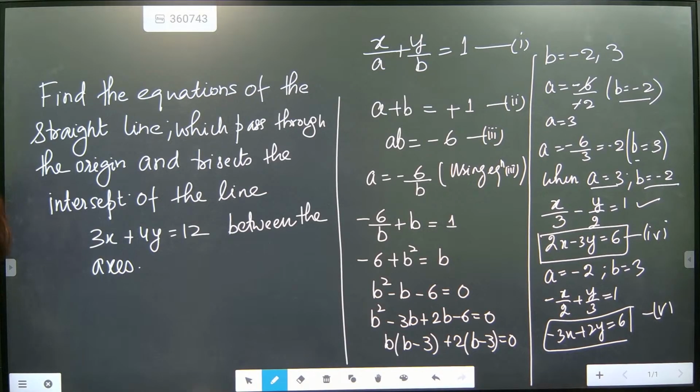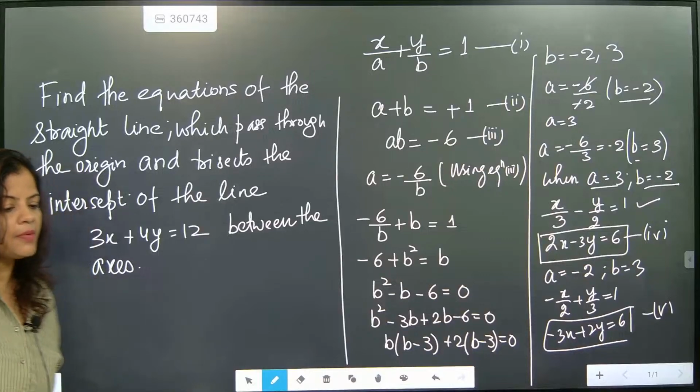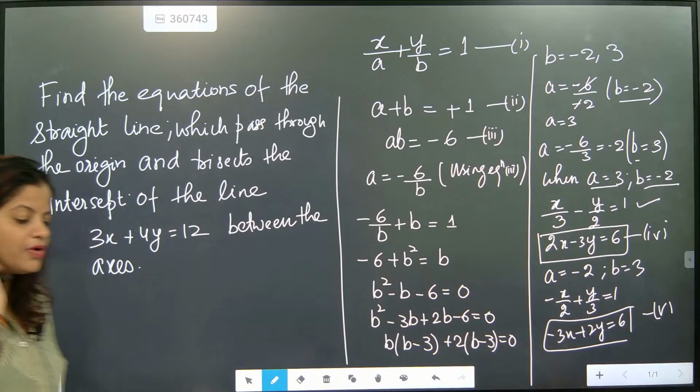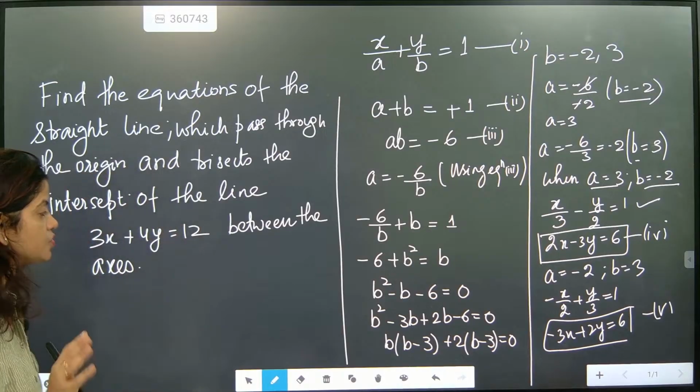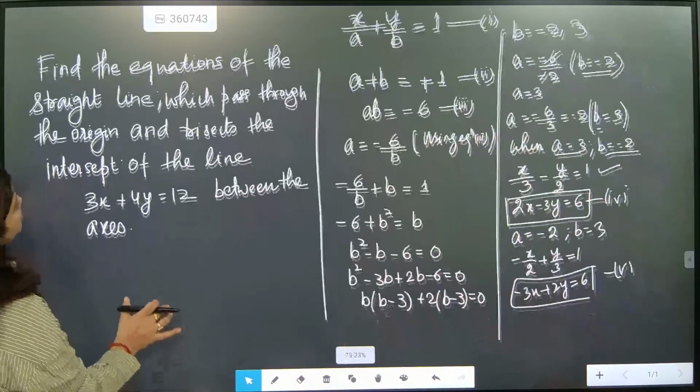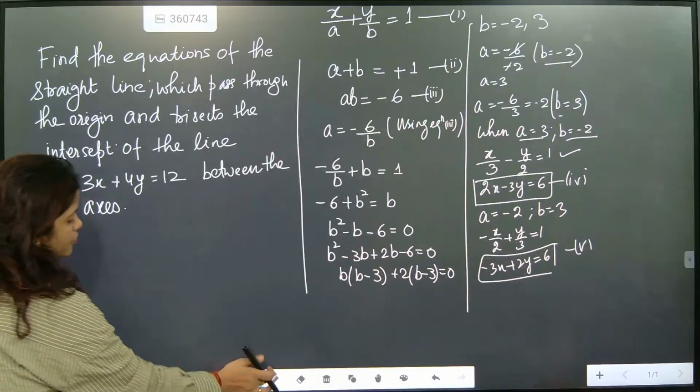Now look here, I'm going to solve this question. Understand what they have asked, because straight line is one of the most important topics for class 12th also, because we are going to study questions based on this. So intercept is one of the most important topics.